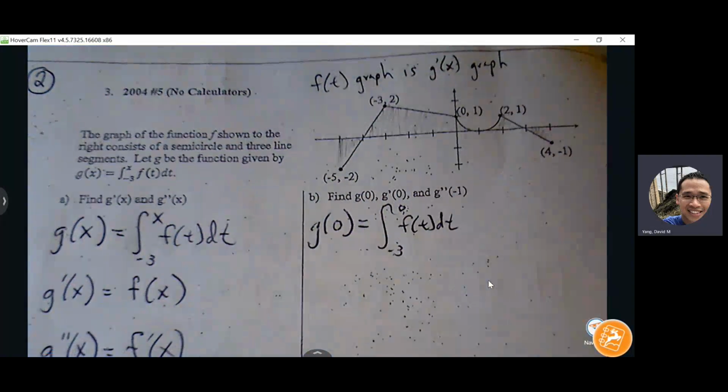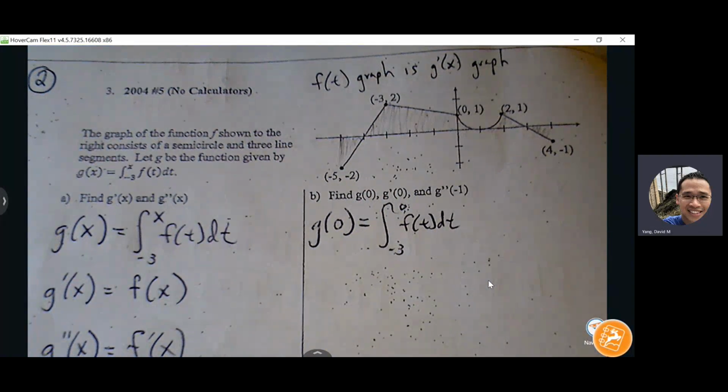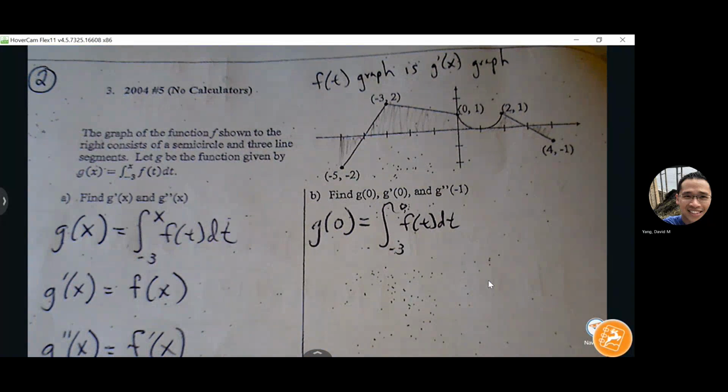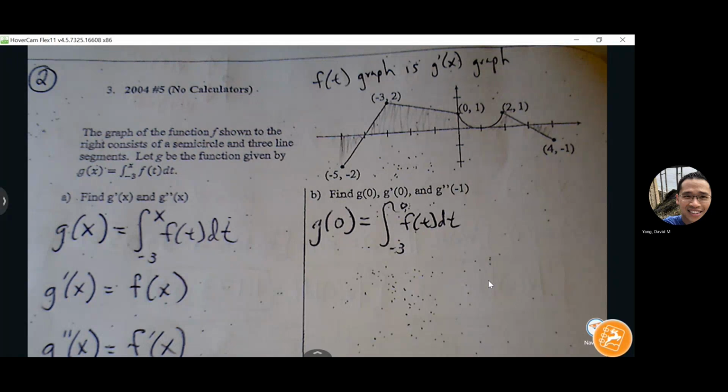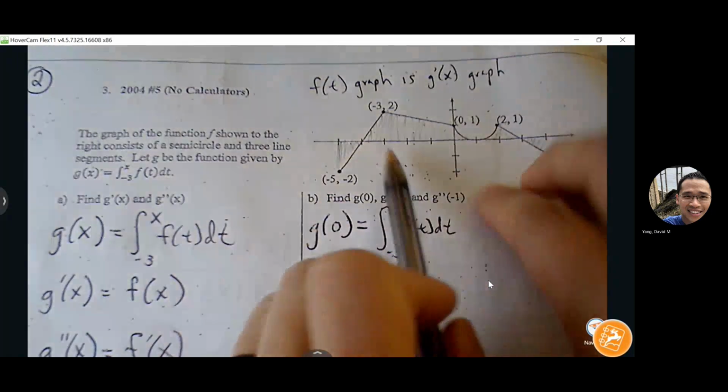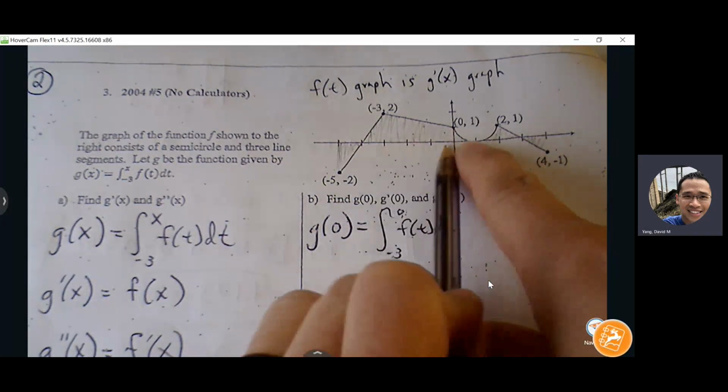We're never looking at anything beyond what I just shaded in, just the region between -3 and 0.